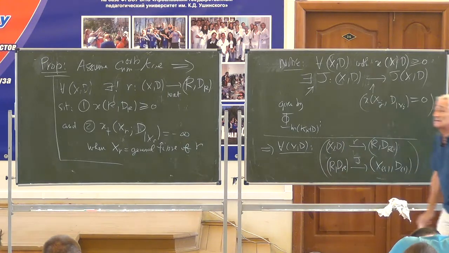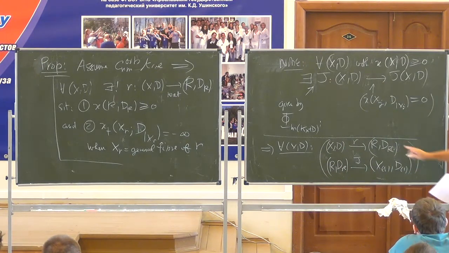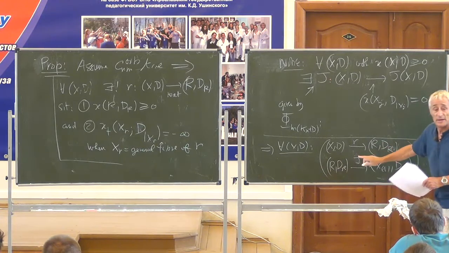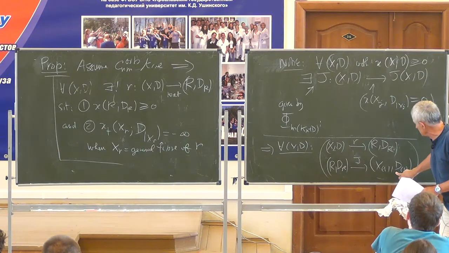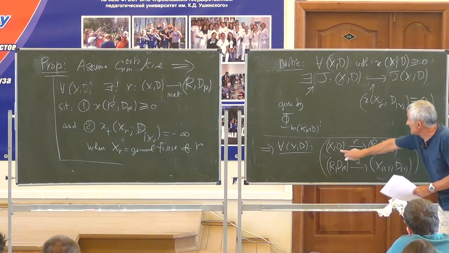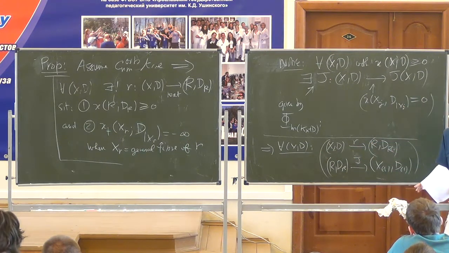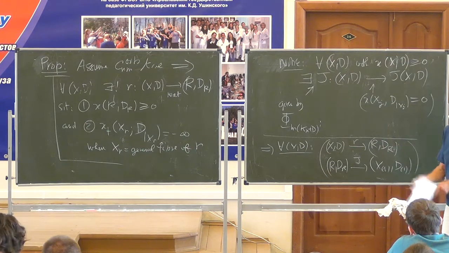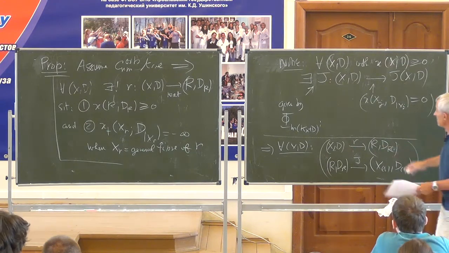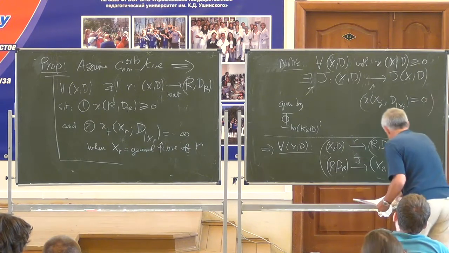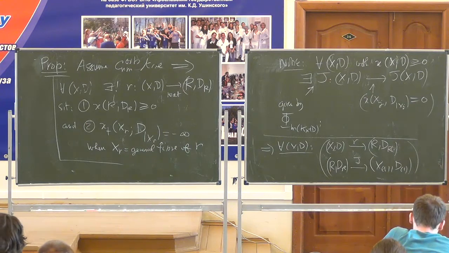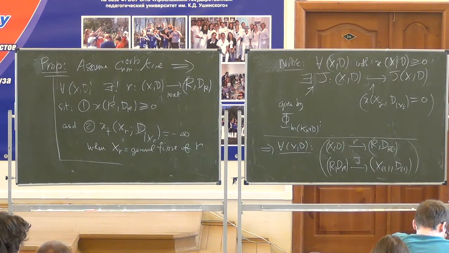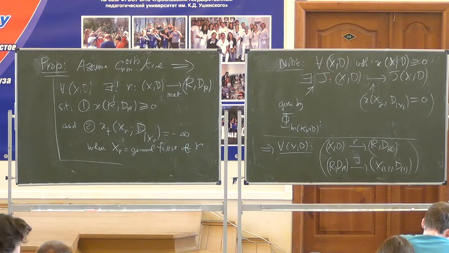So you can always compose these maps, and if the composition of these two maps is the identity, so this means that (X, D) is the same as (X_1, D_1), then this means exactly that (X, D) was of general type. And so we can conclude exactly as yesterday, so we have this map, and the theorem is the following.